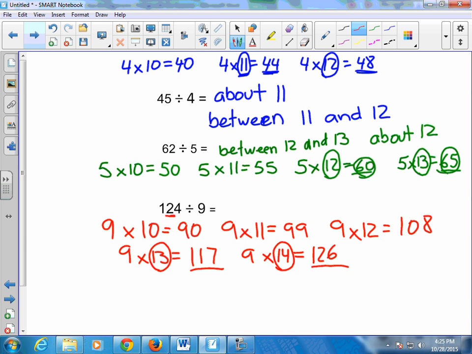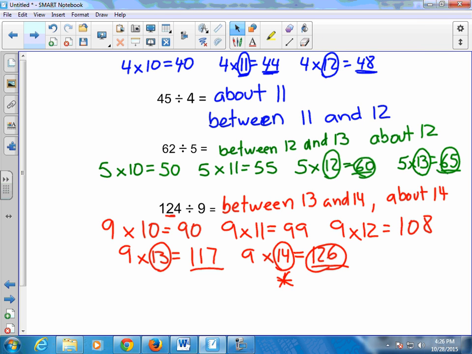So I can say that my answer is between 13 and 14. And if we need to choose one, which one do you think we're going to choose? Yes, 126 is closer. So we're going to say that our answer is about 14.